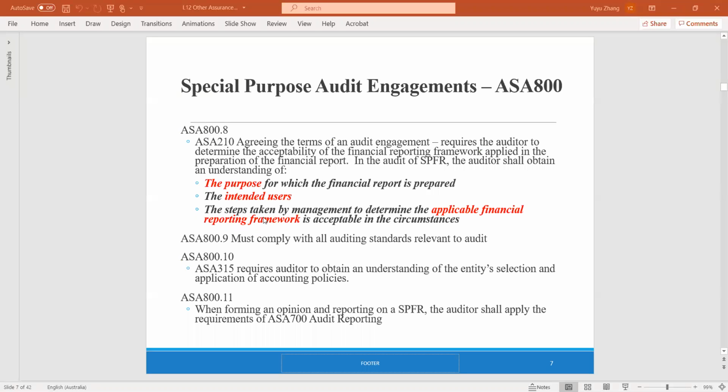The fundamental theory and procedures of special purpose audit engagements are very similar to what we learned this semester. But the subject matter is the special purpose financial statements, and the level of assurance depends on the engagement contract.